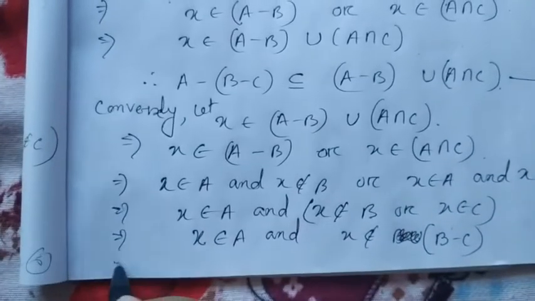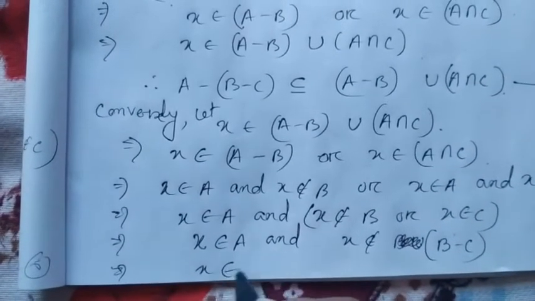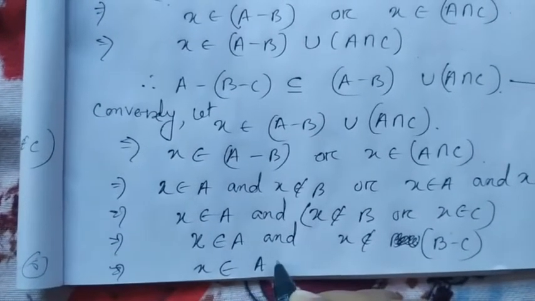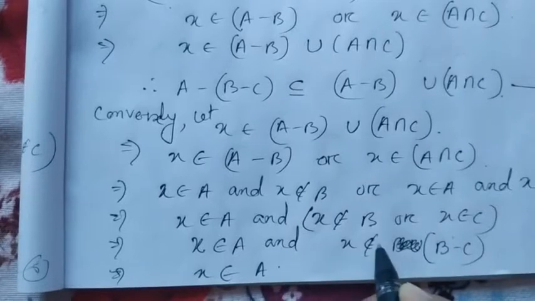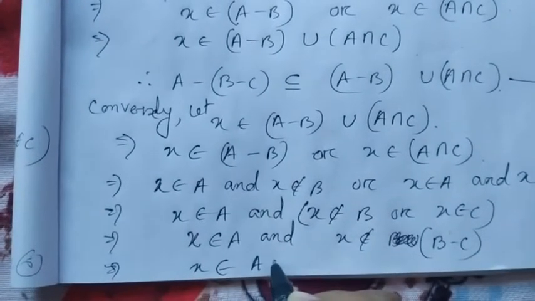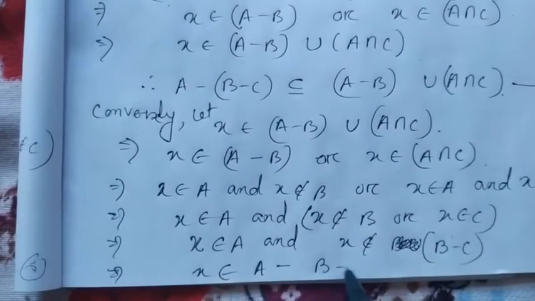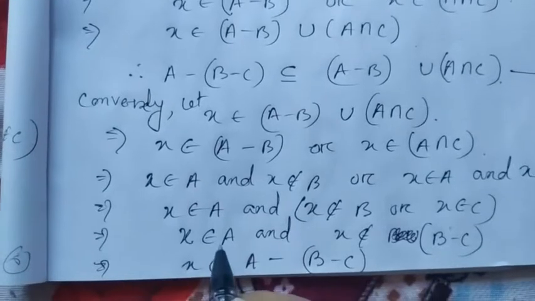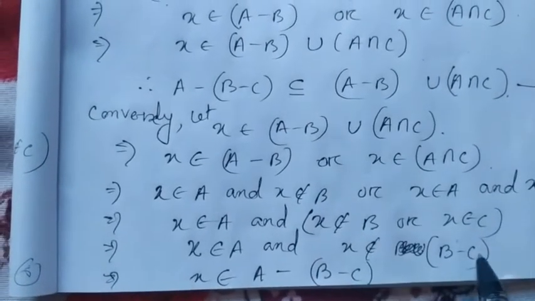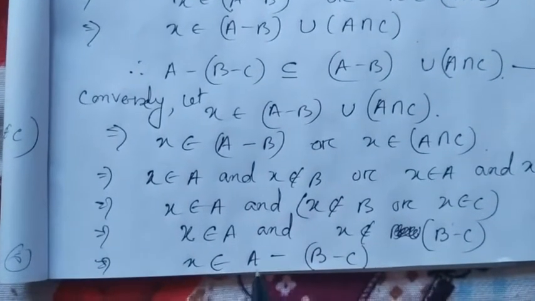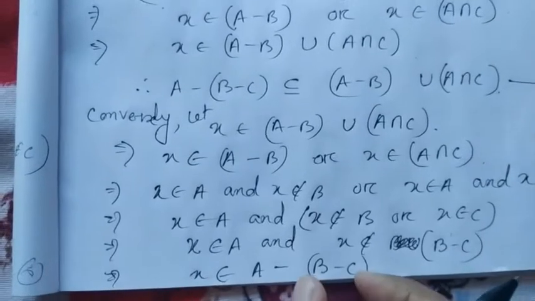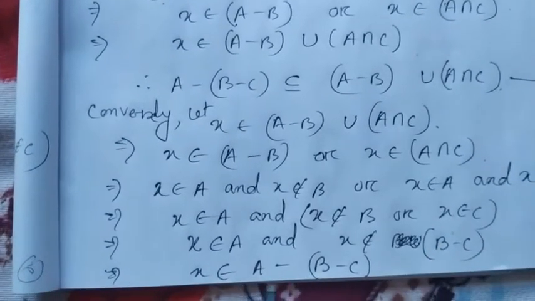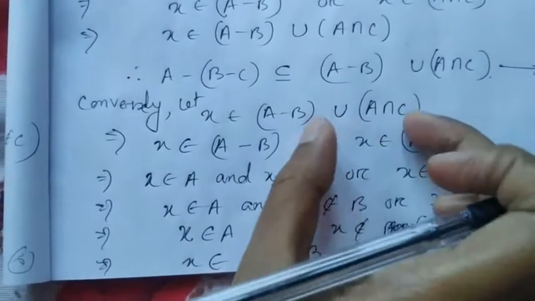This implies x belongs to A and x not belongs to B minus C, so x belongs to A minus (B minus C). So this is a subset of this.